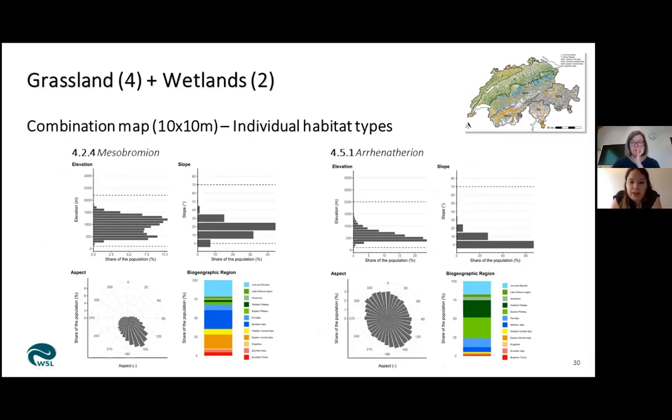And we can see here the share of grid cells that were assigned to the respective habitat type across elevation, slope, aspect, and bioregion. These overview summaries refer to the combination map, but we plan to provide this also for all the habitat types as they were then assigned in the final product, so in the overall habitat map of Switzerland.